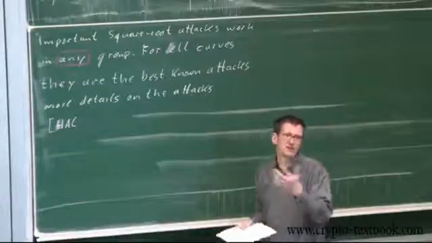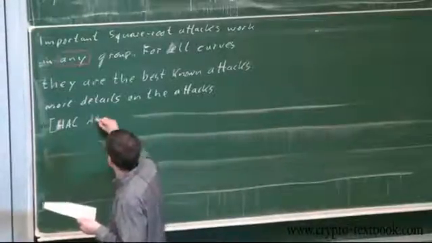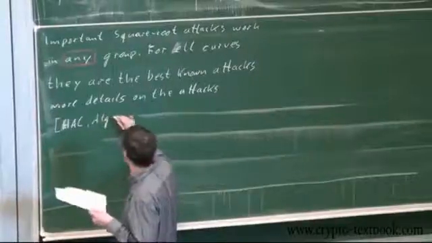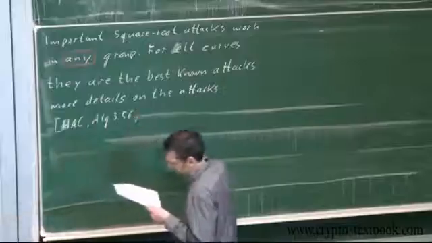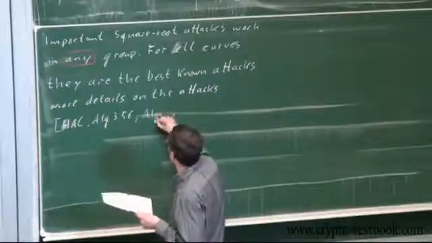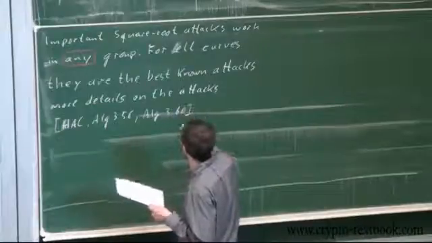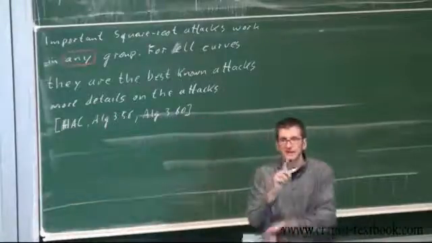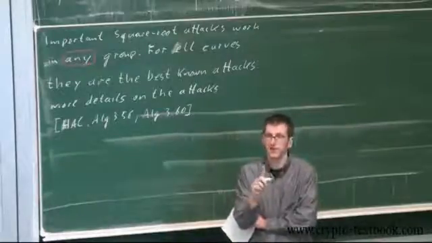You can Google that. This is Algorithm 3.56, which is baby step, giant step, and Algorithm 3.60.